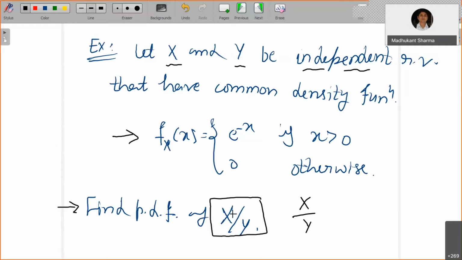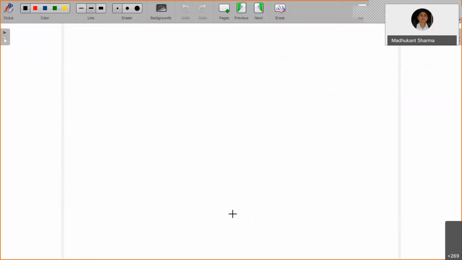So we are interested in finding the PDF of X by Y. We know the relation between the CDF and PDF for continuous random variables, so we are going to use that.